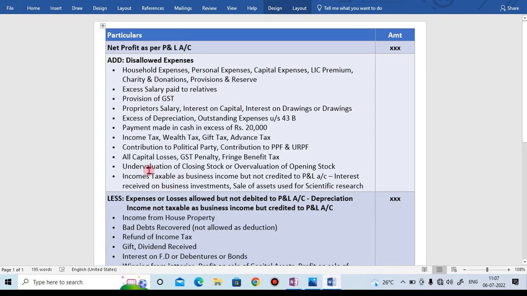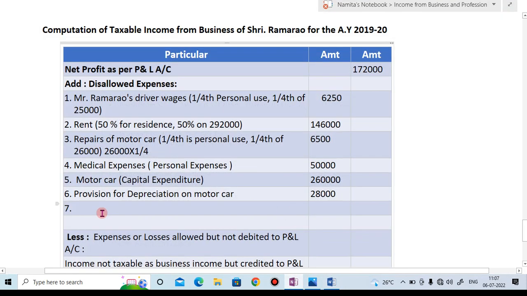So check the format. Here income tax, wealth tax, gift tax, and advance tax are called disallowed expenses. So advance income tax paid, that is what?